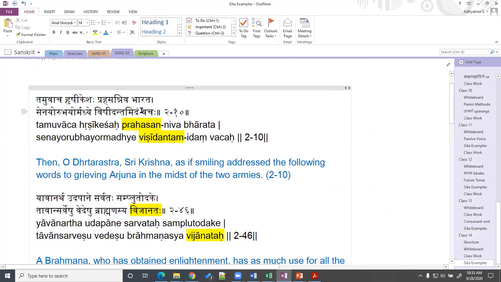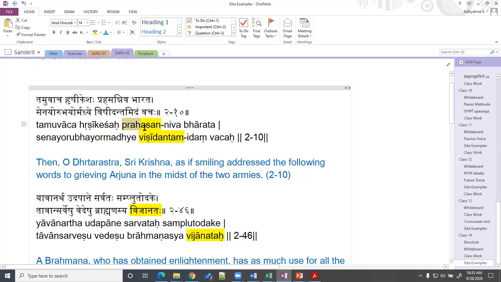So these kinds of constructions, the present participles, are common, though not very frequent, in Sanskrit literature, but still they are quite common. In the Gita, for example, here is one verse where the participle is used two times. Tamuvacha Hrishikeshah Prahasanniva Bharata, Senayorubhayor Madhye, Vishidantamidam Vachaha.